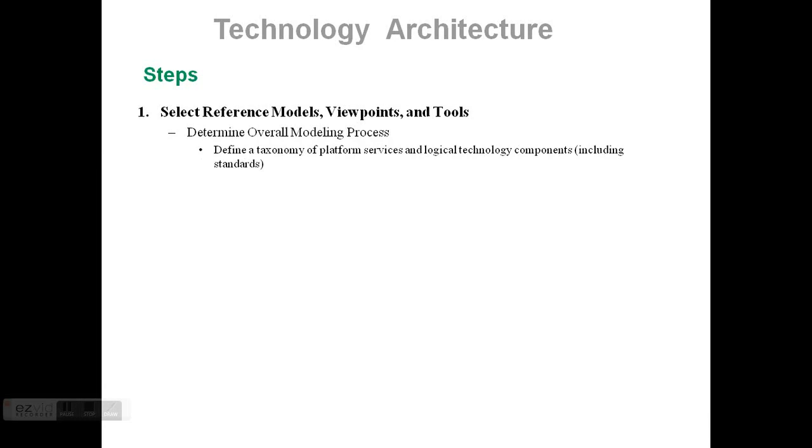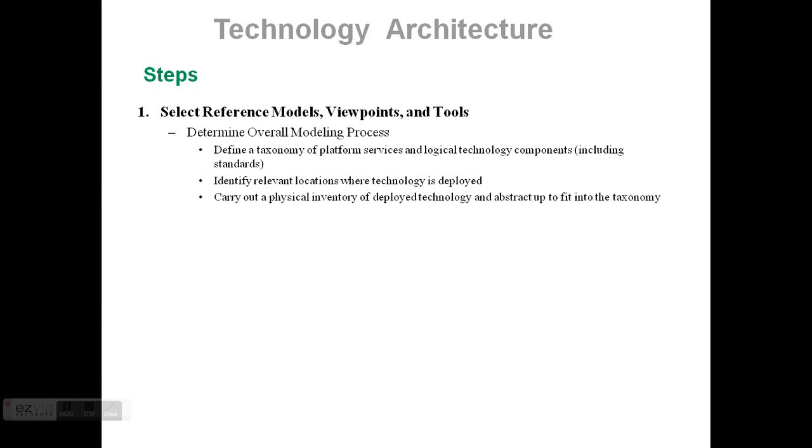The process to develop a technology architecture incorporates things such as defining a taxonomy of platform services and logical technology components. We need to identify relevant locations where technology is deployed. We need to carry out a physical inventory of deployed technology and abstract up to fit into the taxonomy.